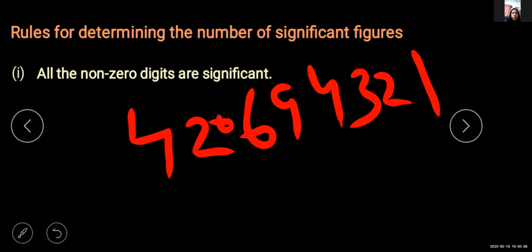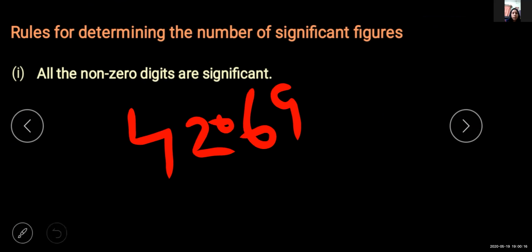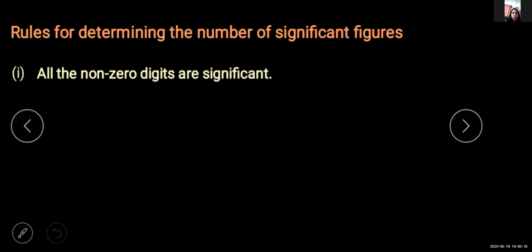In this we have 8 significant digits. All non-zero digits are significant. I hope this is clear to you.